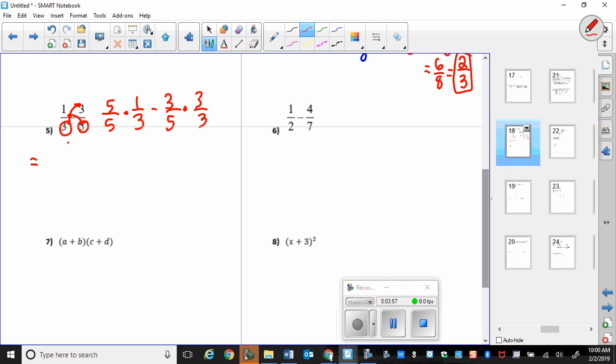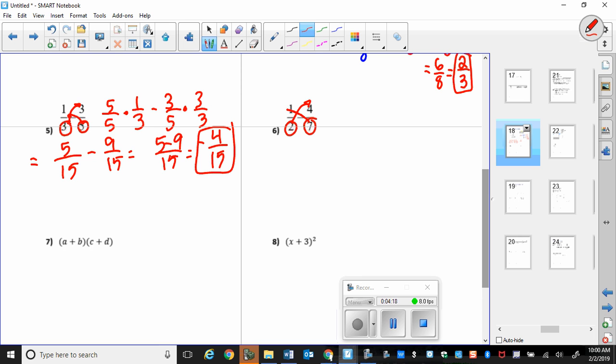Simplified, this equals 5 over 15 minus 9 over 15 equals 5 minus 9 over 15 equals negative 4 over 15. Final answer.